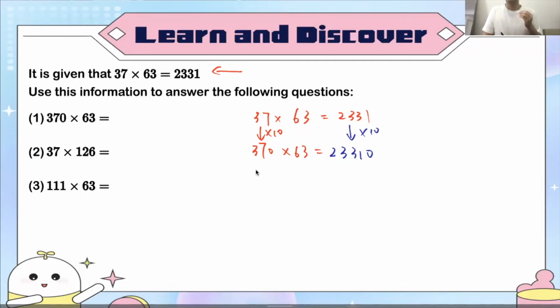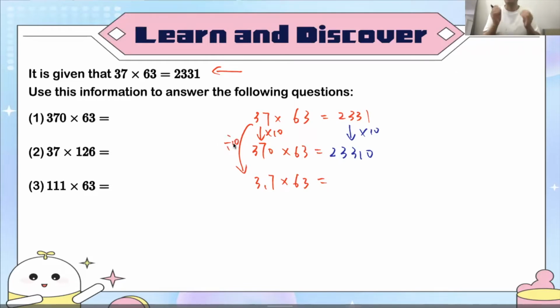If I change the condition and use 3.7 times 63, not the question on this page, what do we have? From the original equation, how do we change this multiplier? We divide by 10, right?